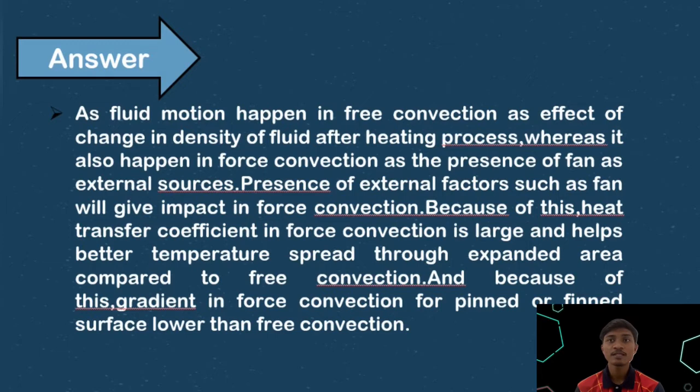Presence of external factors such as a fan will give impact in forced convection. Because of this, heat transfer coefficient in forced convection is large and helps better temperature spread through an expanded area compared to free convection. And because of this, gradient in forced convection for pin or fin surface is lower than free convection.